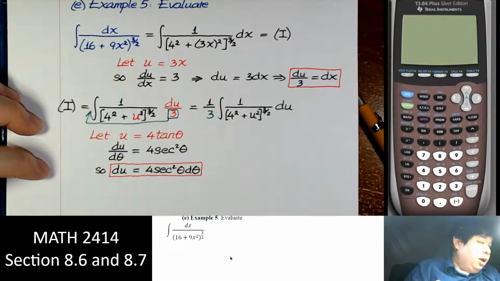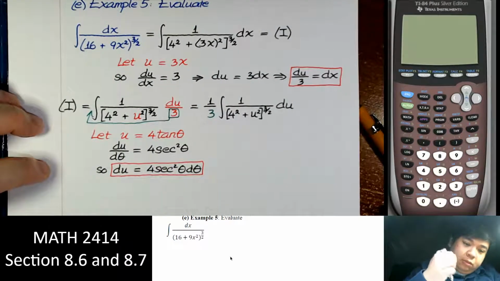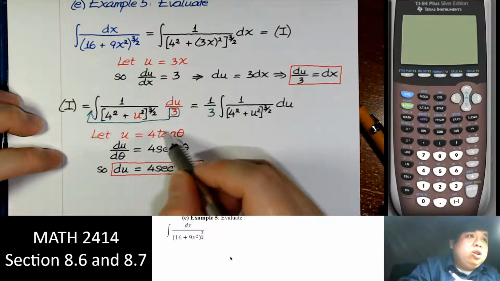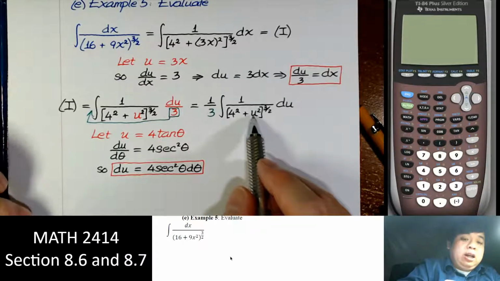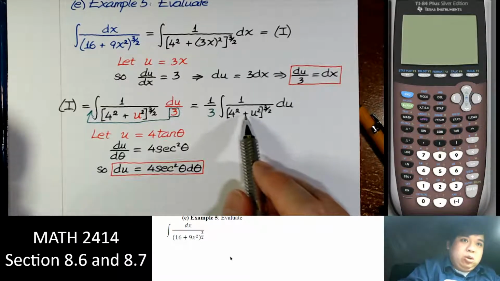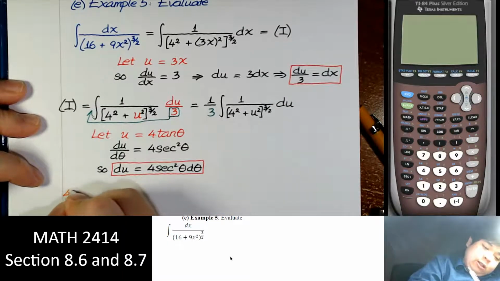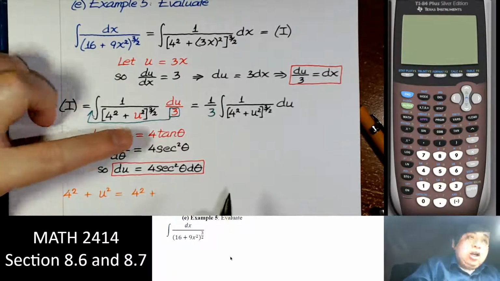Right. Next. The 4 square plus u square. The reason we do the trig substitution, so we turn 2 terms into 1, and the square cancels the square root. That's the point here. So we go 4 square plus u square. U is 4 tangent.